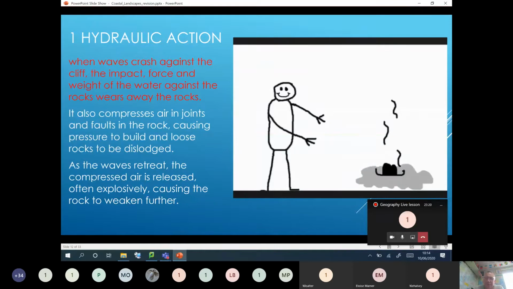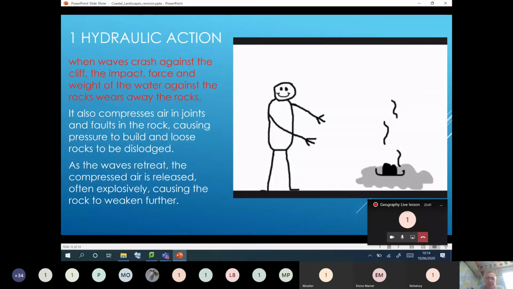Not a very big explosion, a tiny little explosion, like if you squeeze a bit of bubble wrap, but that constantly repeated action of small explosions will weaken the rock and make it fall apart. So hydraulic action is the force of the waves crashing against the cliff.